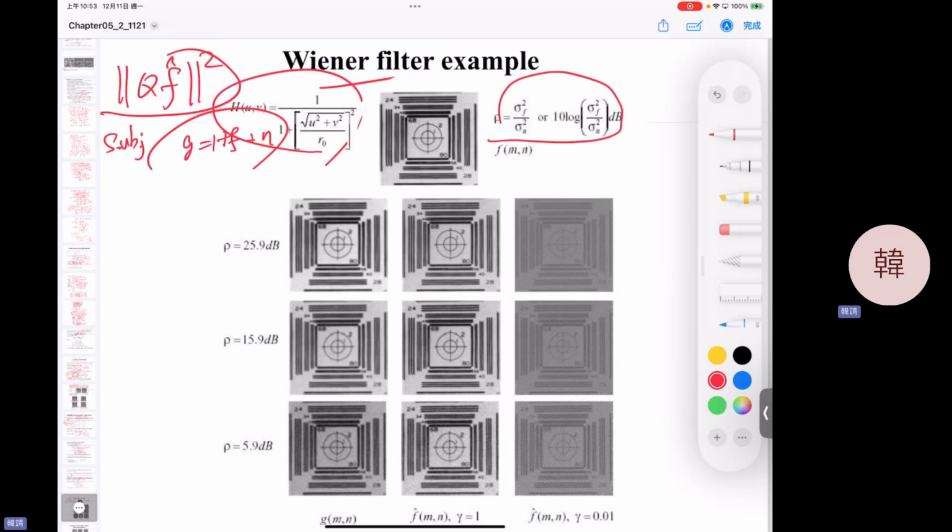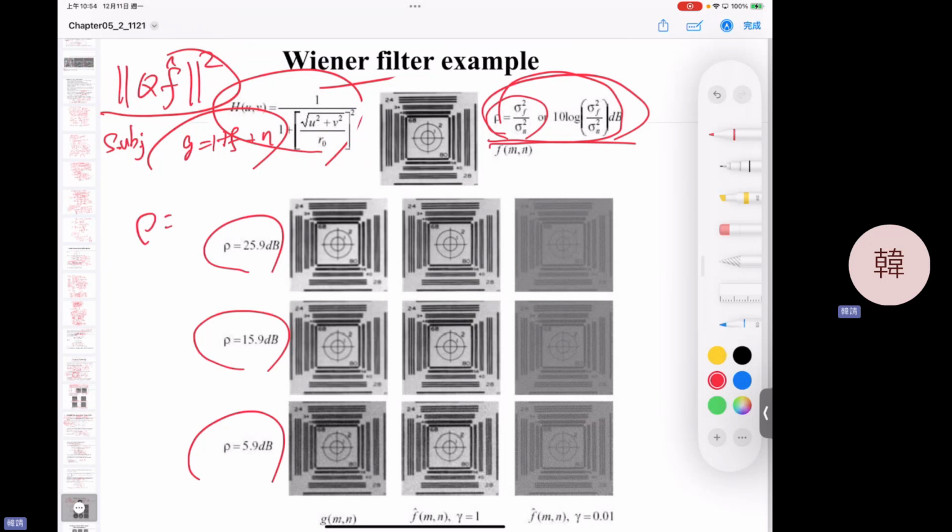Very good result. But we don't know what the actual noise is. Here, if we assume there's some noise, the signal noise ratio gives you a certain result. So it depends on rho, the signal noise ratio. We have three different additive noises to change its signal noise ratio.